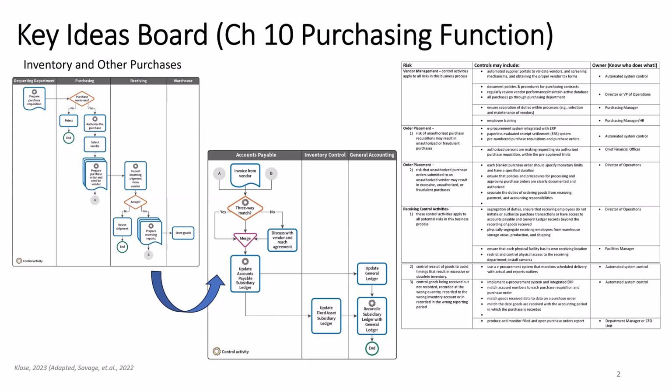We might have to update some other subsidiary ledgers, right? But the balance itself in accounts payable will roll up into the general ledger. We know the general ledger is the official documentation of what's in the accounting system at that point.